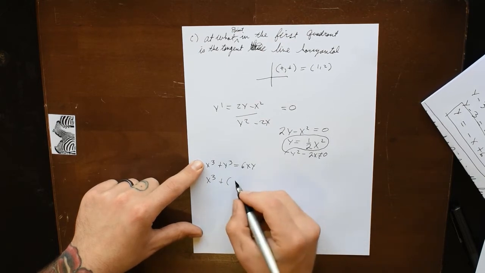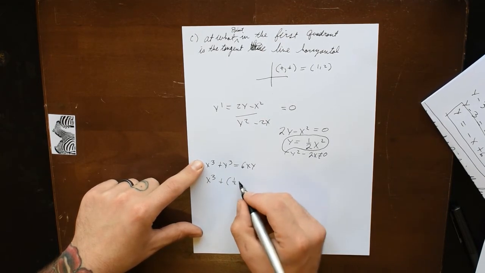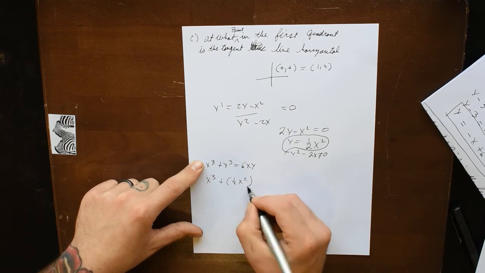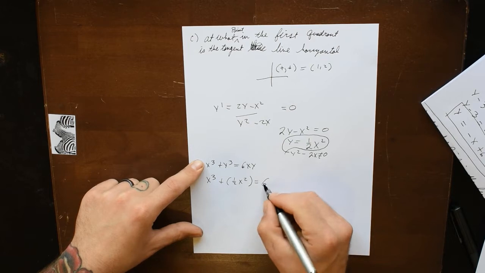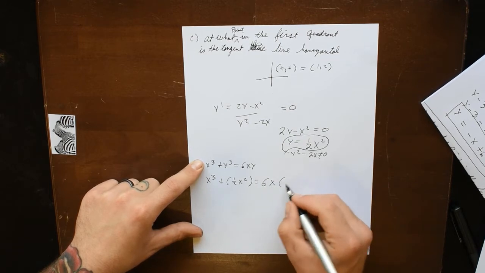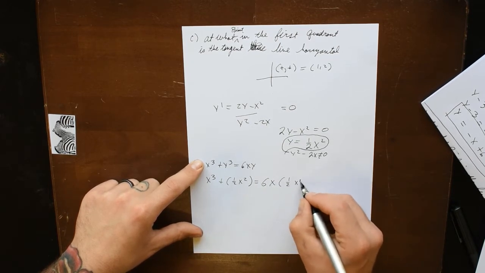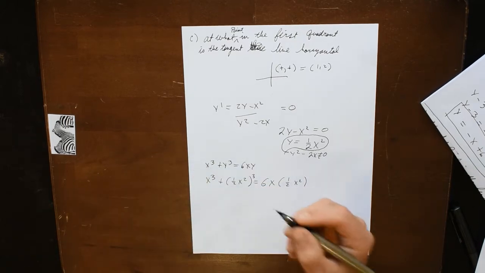Plus, y is equal to 1/2 of x squared, then we have is equal to 6 times x times y, which is 1/2 of x squared. And that should be cubed. Perfect.